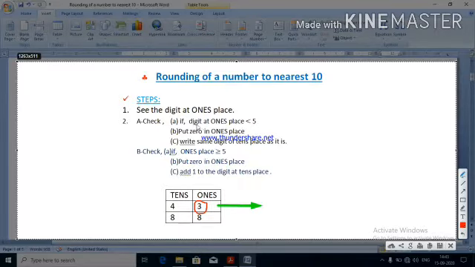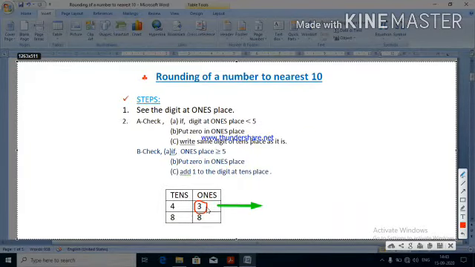If the digit at ones place is less than 5, here 3 is less than 5, now put 0 in ones place. Now write the same digit of tens place as it is.